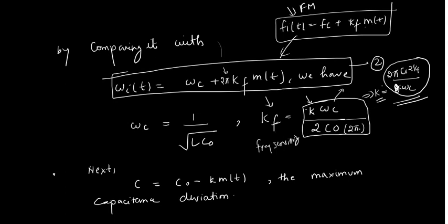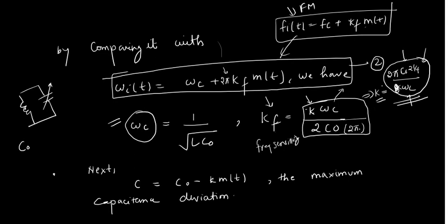So if I ask you, the frequency sensitivity is given to you, C naught and omega C are also given to you. Omega C is nothing but the carrier frequency. So the free running frequency of your LC circuit, since you are using a VCO, and the VCO is this. So how do you have to set your value of C naught?